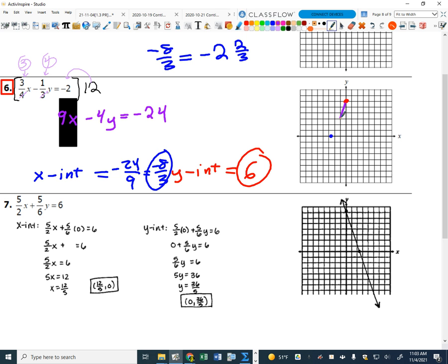Okay, so then this should be my line. Okay, so then on this one, you're doing it a different way though, but we can use the intercept trick on this one. Use the cover-up trick, right? Cover up the x and solve for y. Cover up the y and solve for x, and it's way easier. It's much less algebra to do.